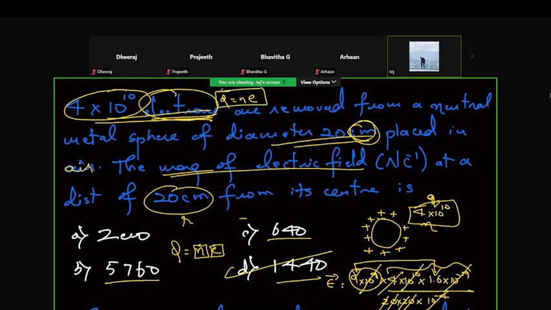You're supposed to use Q is equal to N into E. So go to your notebook and write: if the question is in terms of electrons, then use Q equals Ne to find the complete charge, or the total charge.